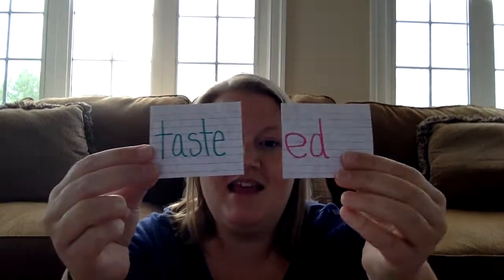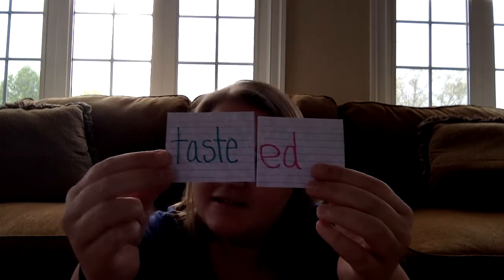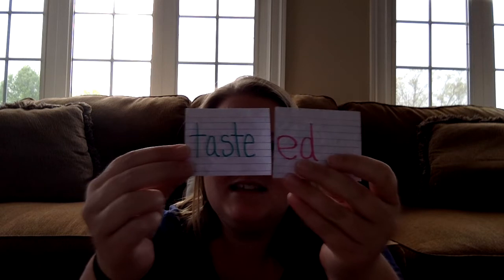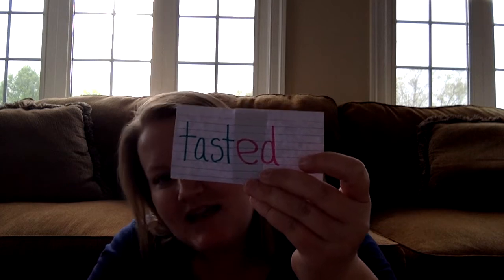The root word is taste. And you see how it ends with that E. So we wanted to go from taste to tasted, so we can't just add the ED to it, because then it would say tasteed. We don't want to say that. We want to say tasted. So you drop the E and you add an ED. So then it becomes tasted. All right, let's look for some more.